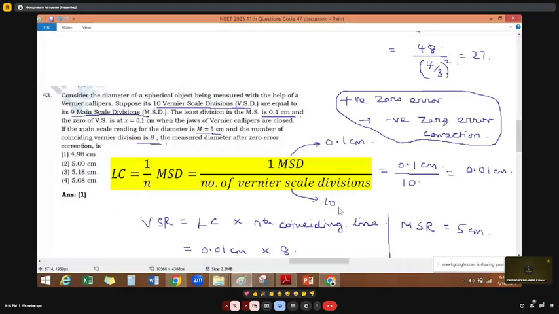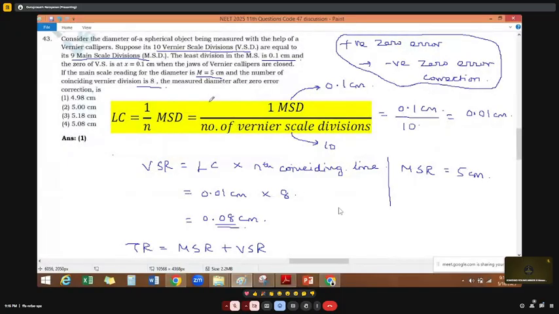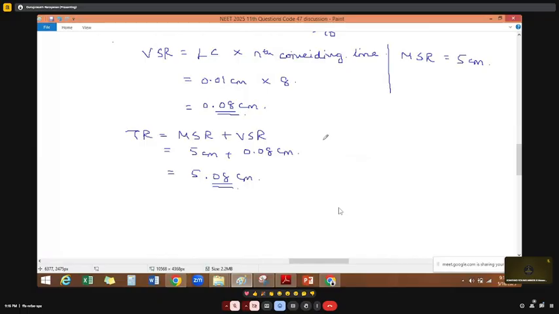Okay, coming back to the question, zero error is plus 0.1 centimeter. Zero correction will be minus 0.1 centimeter.